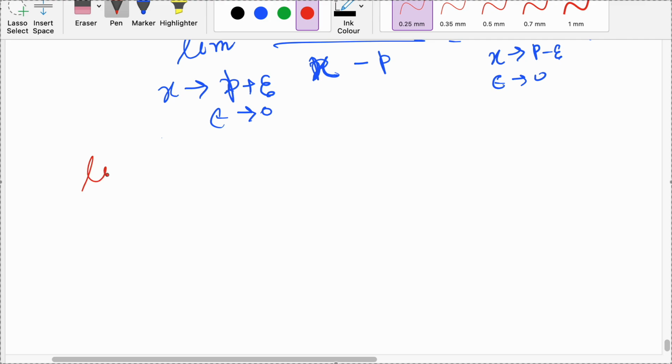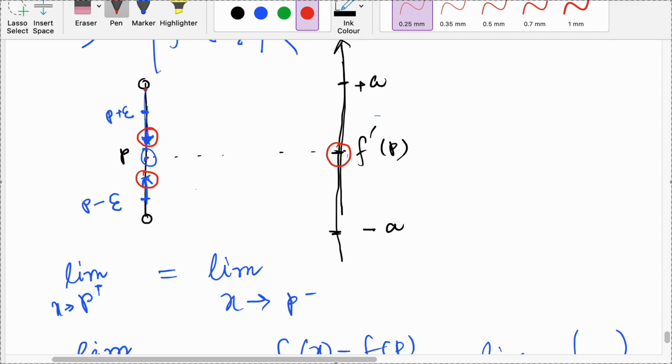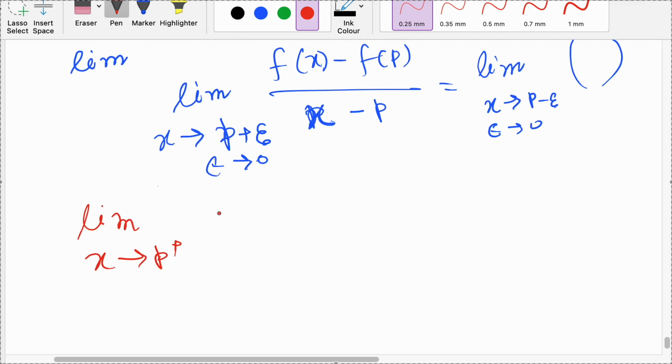In limit terms, x tends to p plus means you are coming to the point from the right hand side, and if you reach the point p from below, it doesn't matter, it should be equal to the limit value. Then we will say the limit exists.